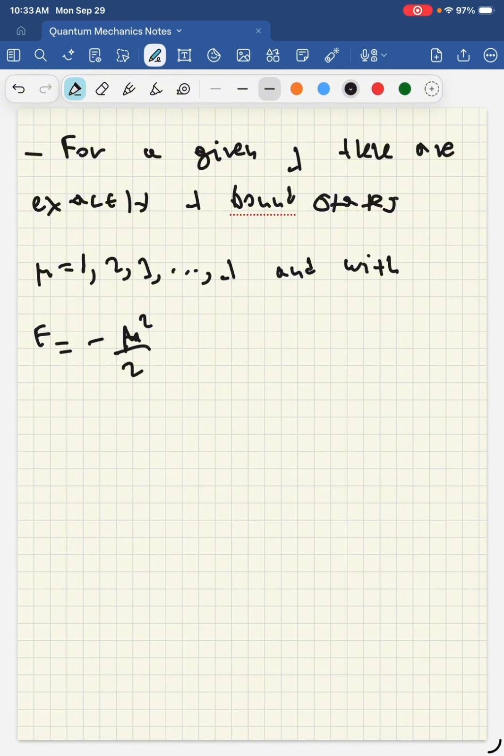Okay? And the final thing is that lambda determines the depth of the potential.